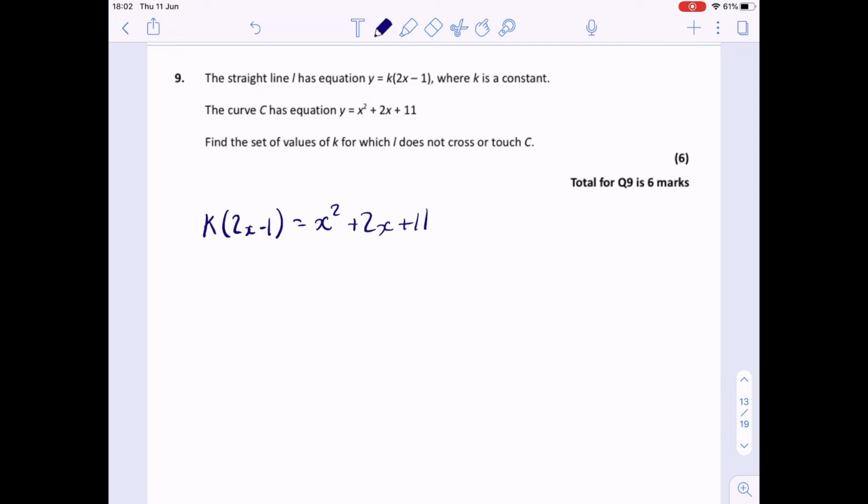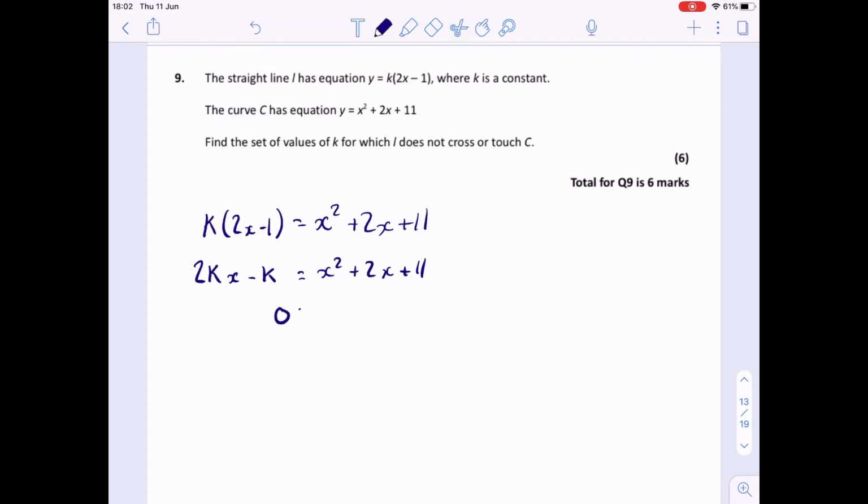Now, if we're trying to solve this, we would want to make it into a quadratic. So let's start thinking about what this is going to look like as a quadratic. That's going to be 2kx minus k equals x squared plus 2x plus 11.